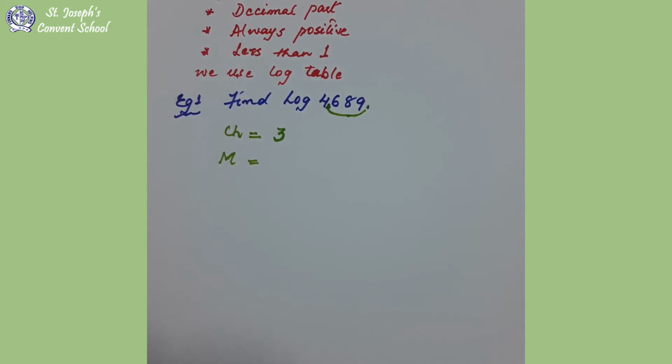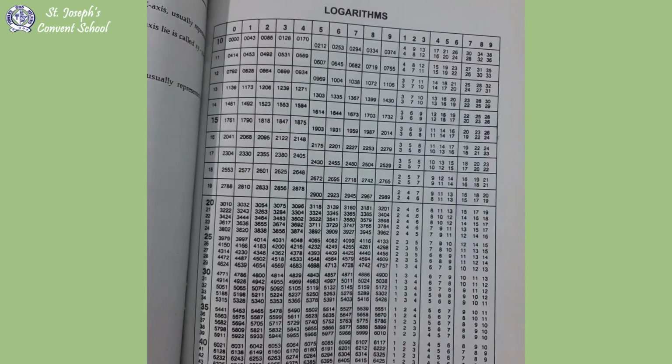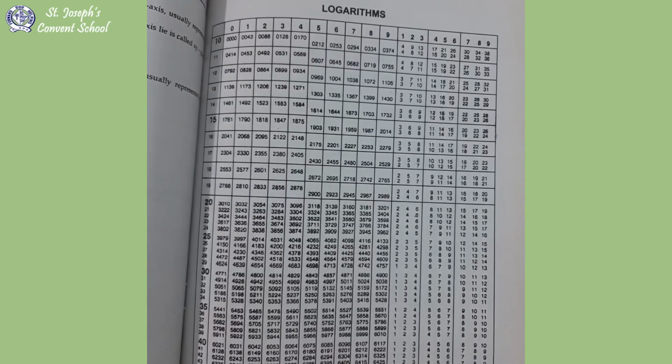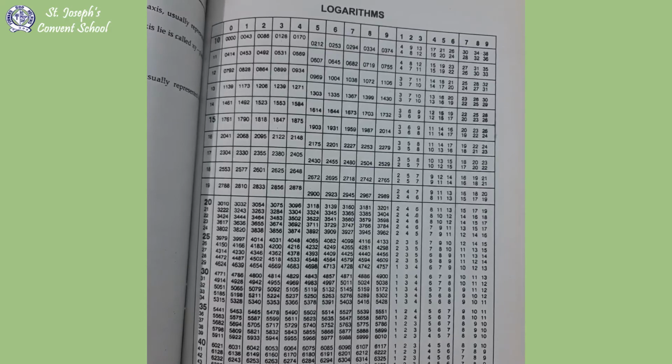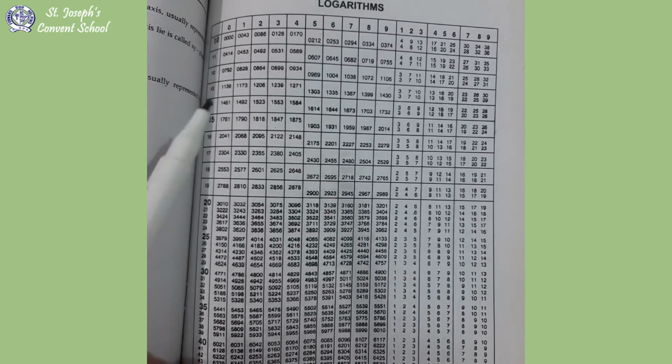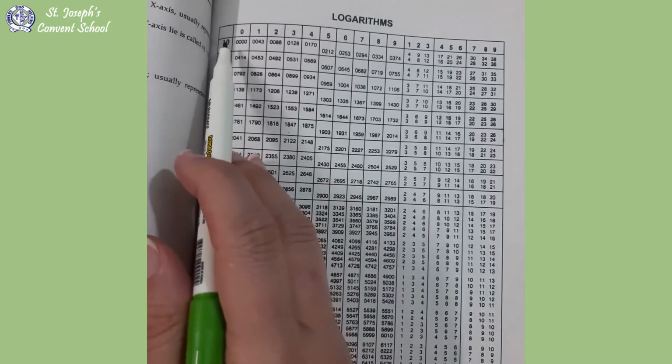Now the next step is to find the mantissa. For the mantissa you have to use the log table. In the log table, values are starting from 10. Now girls, you can see this is the log table. It is there in your book, or you can buy a log book to find the log value. You can see it is starting from 10. Here you can see the first value, it is 10.